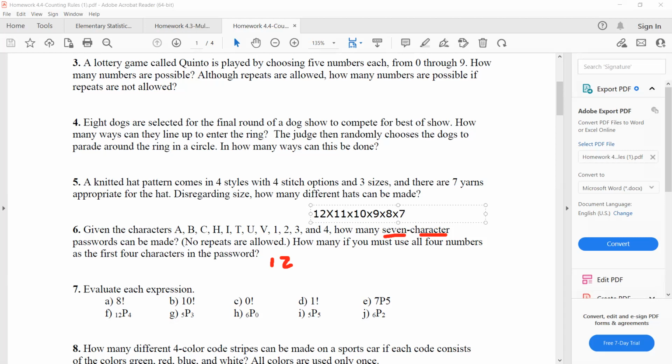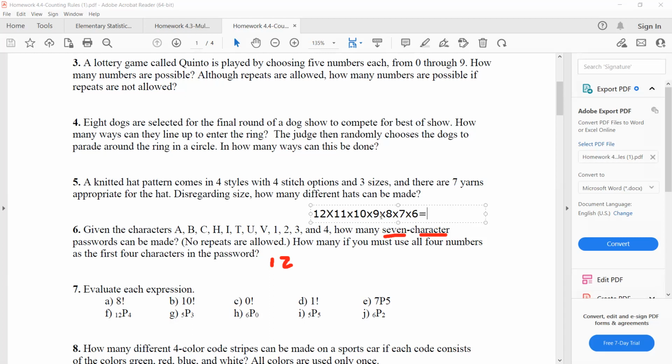The other one would be to use the permutation notation. So you could do this part and have a 7-character password: 12, 11, 10, 9, 8, 7, 6.